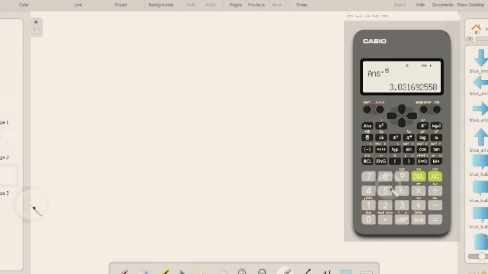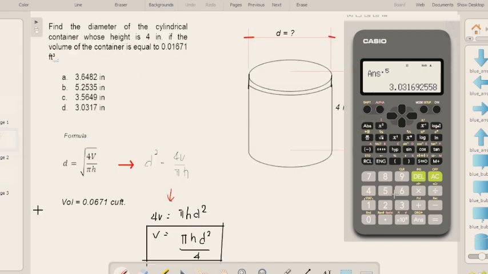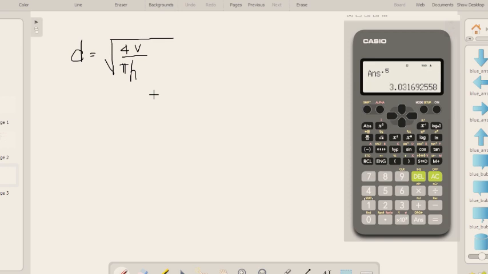So let's solve for the diameter then. Let's substitute the values, where D is equal to the square root of 4 times the volume of the cylindrical container all over pi times H. Here the volume is expressed in cubic feet.